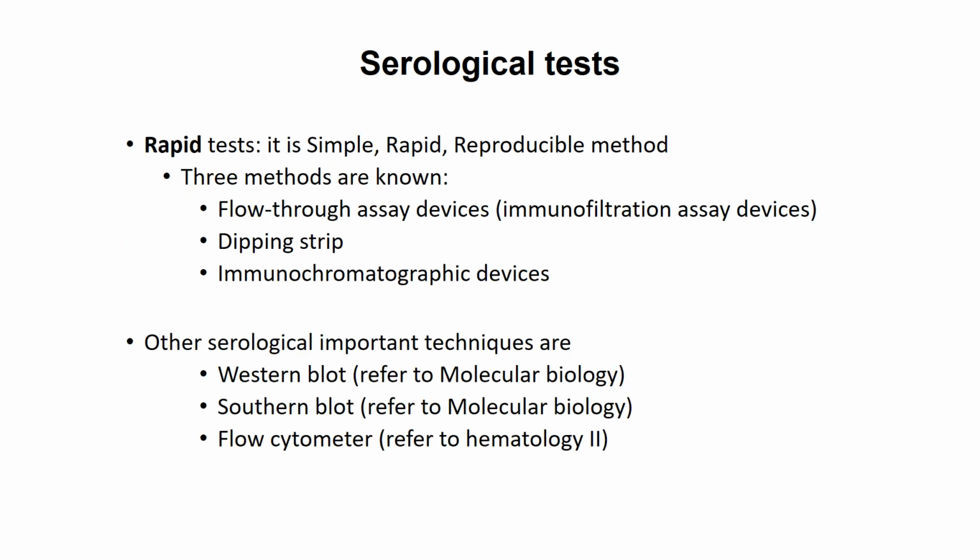There are also rapid tests, primarily antigen-based tests, something like the COVID antigen test. These are flow-through devices where you just put a soluble antigen on a strip, and sometimes they are also chromatographic devices.